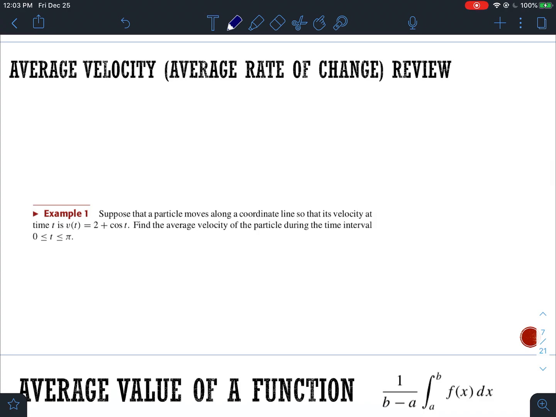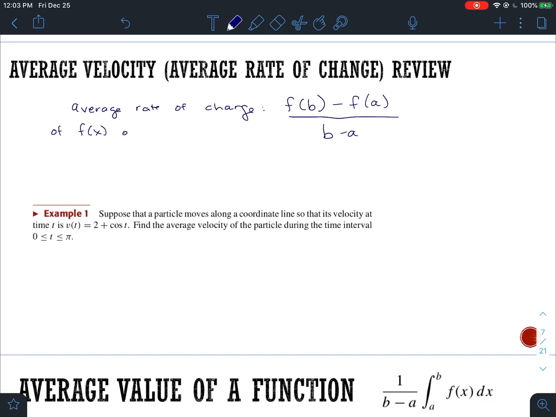All right. So if velocity is instantaneous rate of change, how do you find your average rate of change? So an average rate of change is found by finding the original function at b minus the original function at a over b minus a.